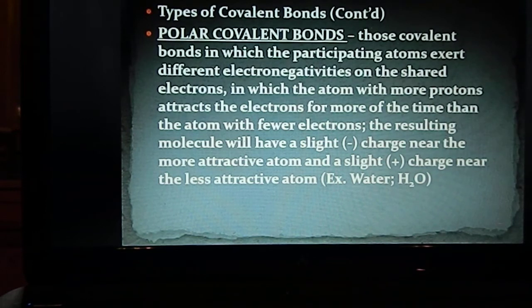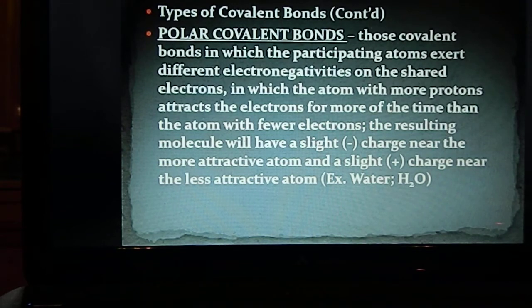And so participating atoms exert differing electronegativities on the shared electrons, in which the atom with the more protons attracts the electrons more. It has more of a pull for those electrons because it has more protons.